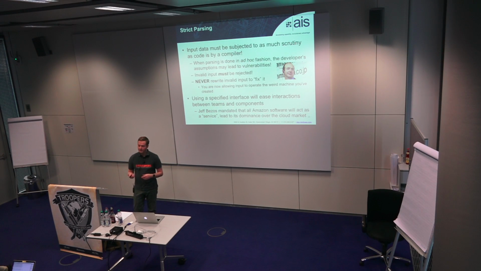And that actually really helped them to become dominant in the cloud market, because everything from way before they got into cloud services was in the mindset that we're going to be getting hit by external services, and we need to have a specification format, a way to discover that, a way to consume that, and a way to manage that. And this is basically going away from the mindset of you have a firewall that does all your sanitation of incoming packets or incoming data, and everything inside of that is safe, which the last many years has shown that that's not the case.